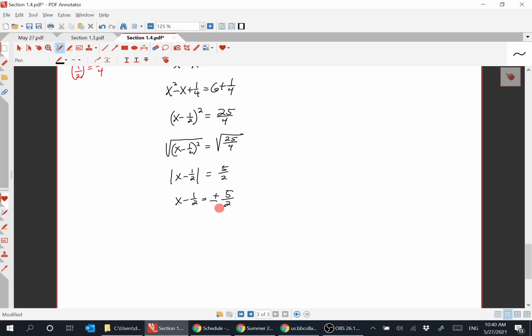Now take this constant, move it over here. So x is equal to 1/2 plus or minus 5/2.